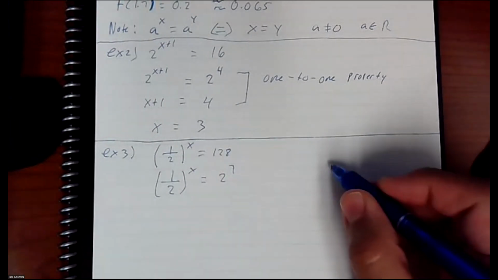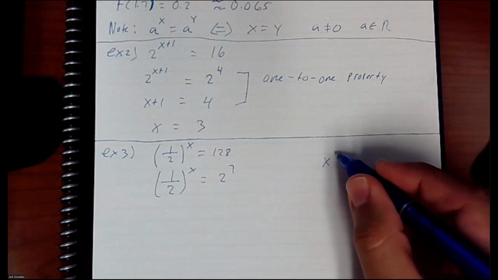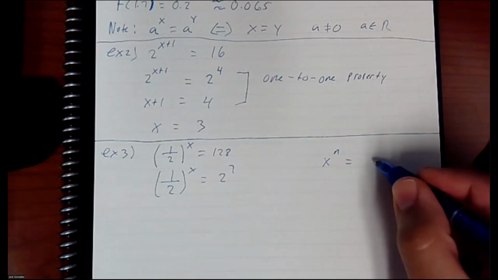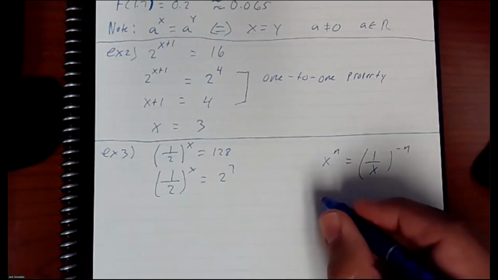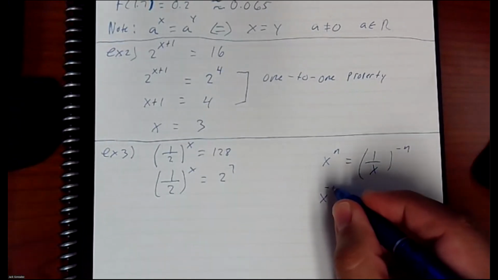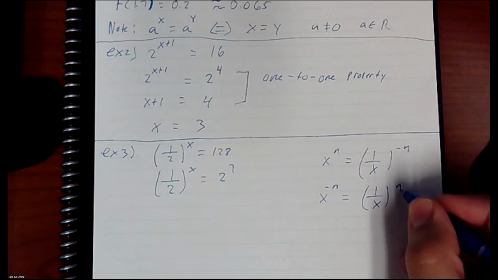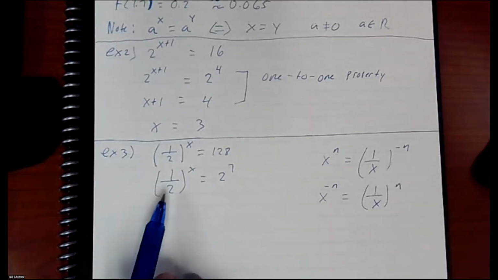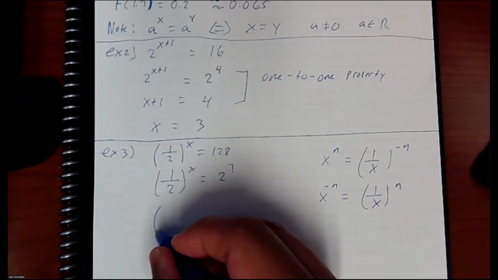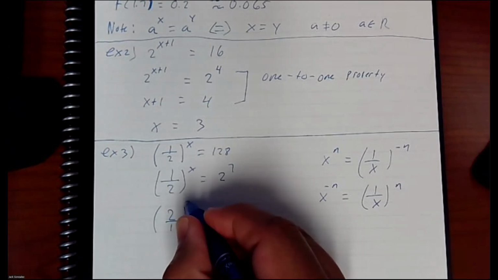Remember that you can write x to the n equal to 1 over x to the negative n, or x to the negative n equal to 1 over x to the n. So you can convert anytime you want. If I flip this over, this would become a negative power.